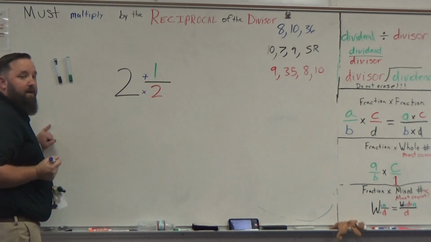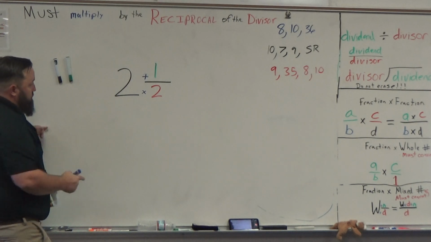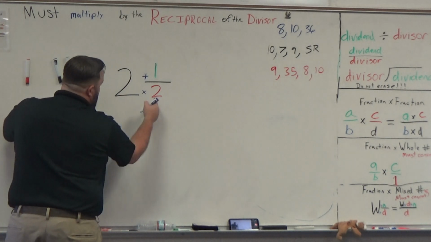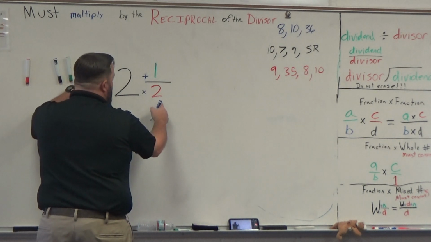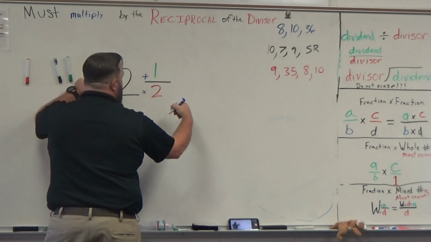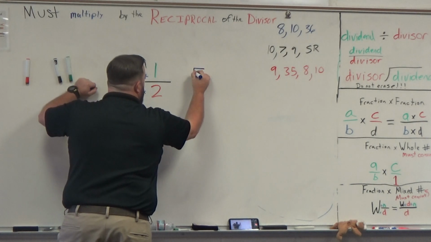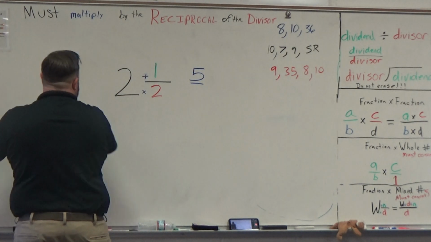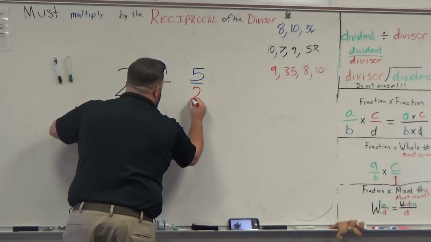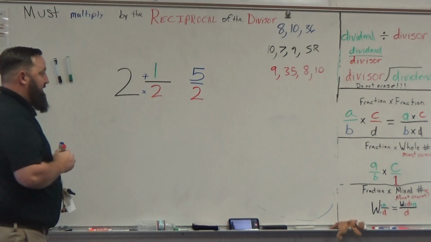It's just like the roadmap down there. Okay? So I do whole number times denominator plus numerator. 2 times 2 is 4. 4 plus 1 is 5. And my denominator will stay the same. So I get 5 halves.